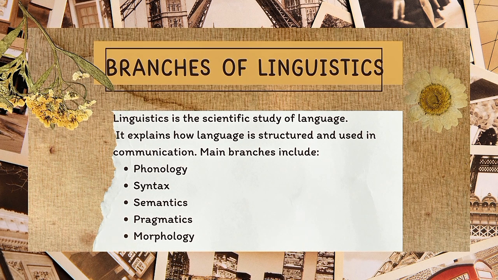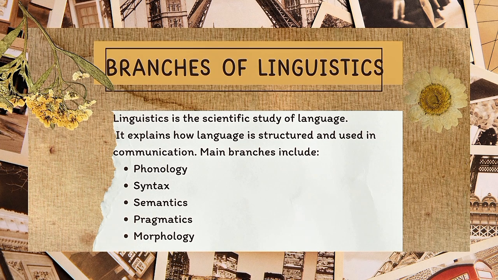There are several main branches of linguistics. The first, phonetics, which studies speech sound and how sounds are produced. Second, phonology, which studies sound patterns and how sound function in a language. Third, syntax, which studies sentence structure and word order.